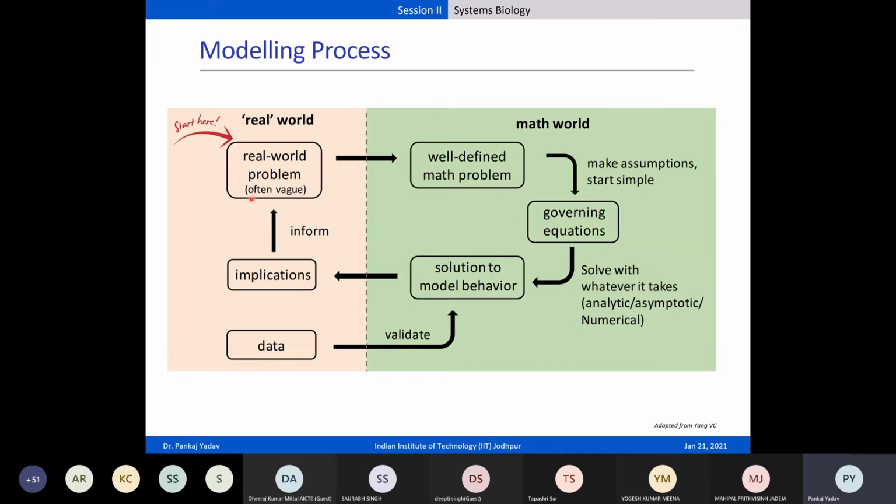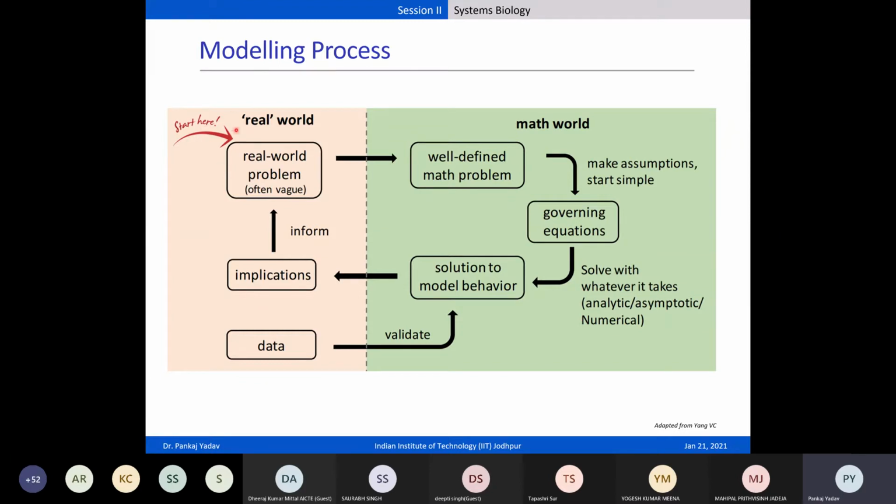We can even have some layman problems, like what is the shortest path from one place to another, or one city to another city, right? So these kinds of problems exist in our real world.